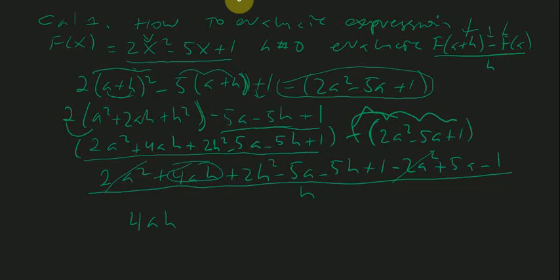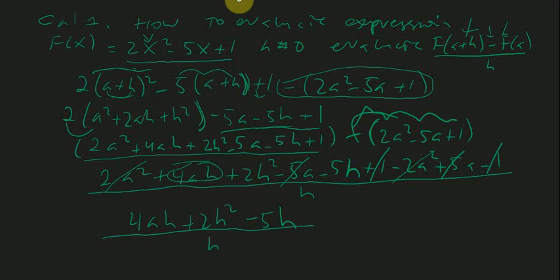Then we have 2h squared; nothing else has h squared, so it comes down. Then minus 5a plus 5a cancel each other. We have minus 5h, and there's no other h term, so minus 5h comes down. Then plus 1 and negative 1 cancel. This is what we got, and then we divide by h.